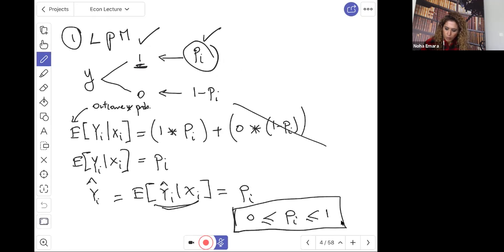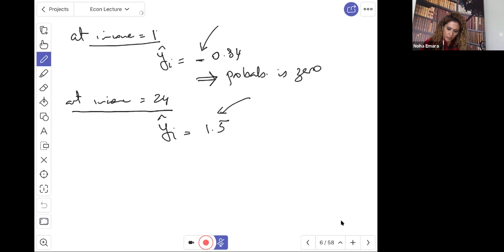Like what's the probability of passing an exam? You're going to tell me it's something between 0 and 1. It could be even 0.7, which means that 70% I'm going to pass the midterm exam, or 100% I'm going to pass the midterm exam. But you will never be able to tell me it's 1.5% probability that I pass the exam, right? This is the answer here. It's 1.5 probability of owning a house.